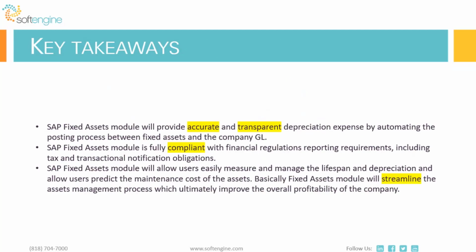That is why we decided to run this webinar and introduce you guys to what SAP Fixed Asset Module can do for a company. The key words here are accurate, transparent, compliant, and streamlined.